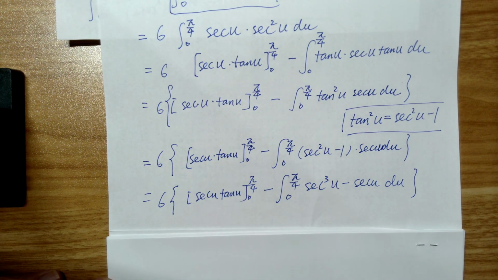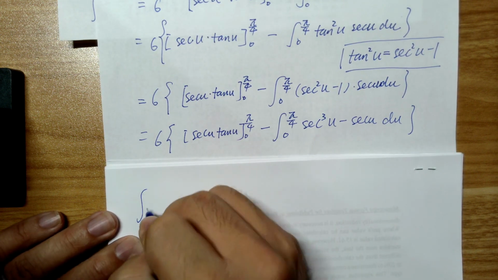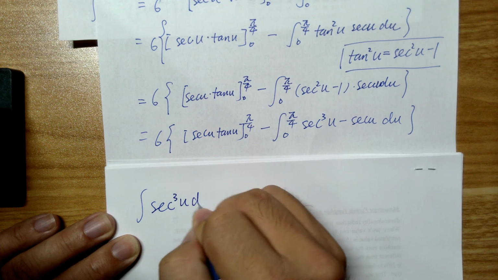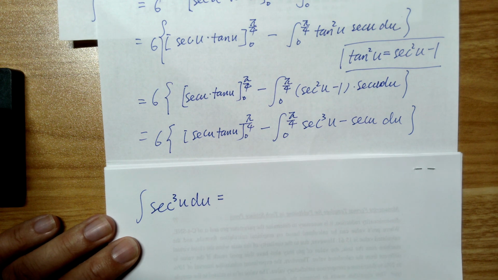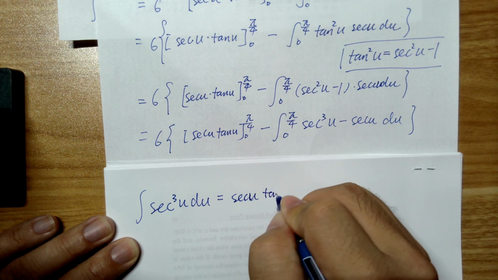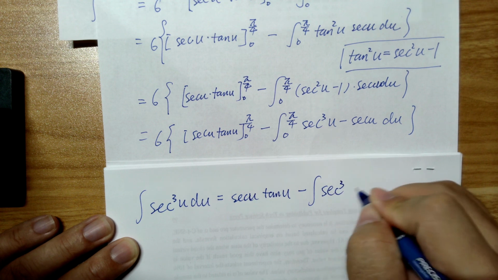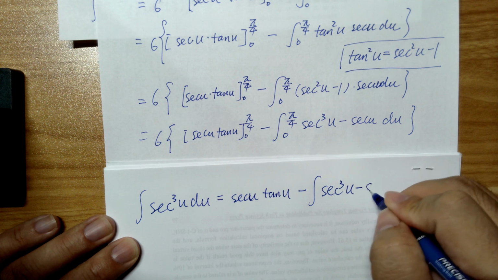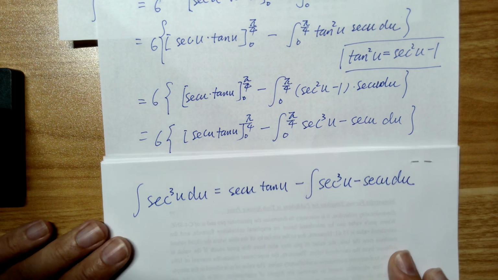If we ignore the limits, the integral of secant u du actually equals secant u tan u minus the integral of secant cubic u, and then plus the integral of secant u du here.